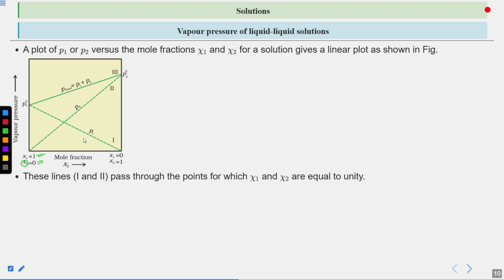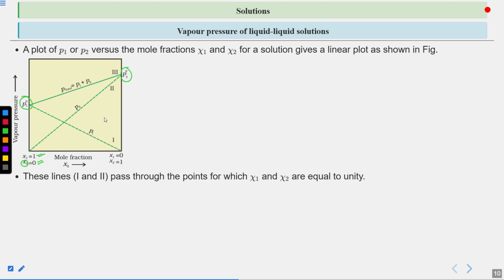It says that at the left hand side we have only component 1 present in the solution. So all of the pressure will be due to 1, and that is the pressure of the pure component 1. Therefore, at this point, the pressure will be equal to the pressure of the pure component 1. Similarly, on the right hand side, we can say the same thing for chi2. So here the pressure will be only due to component 2.